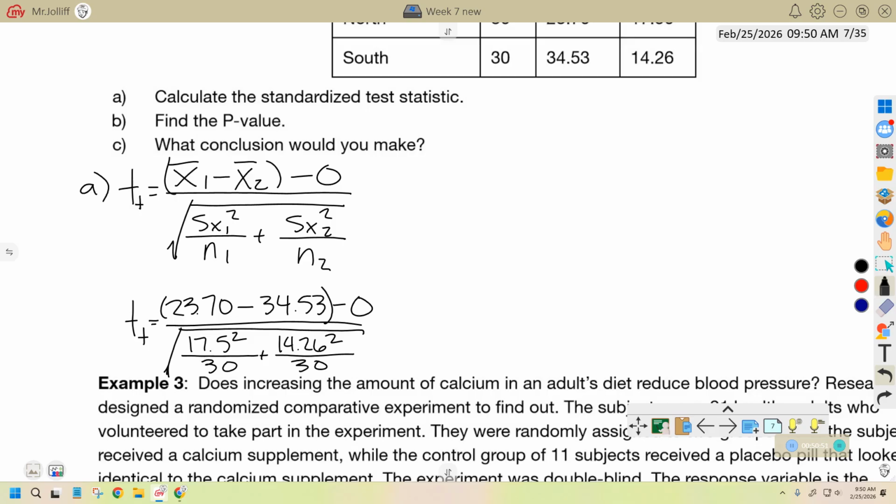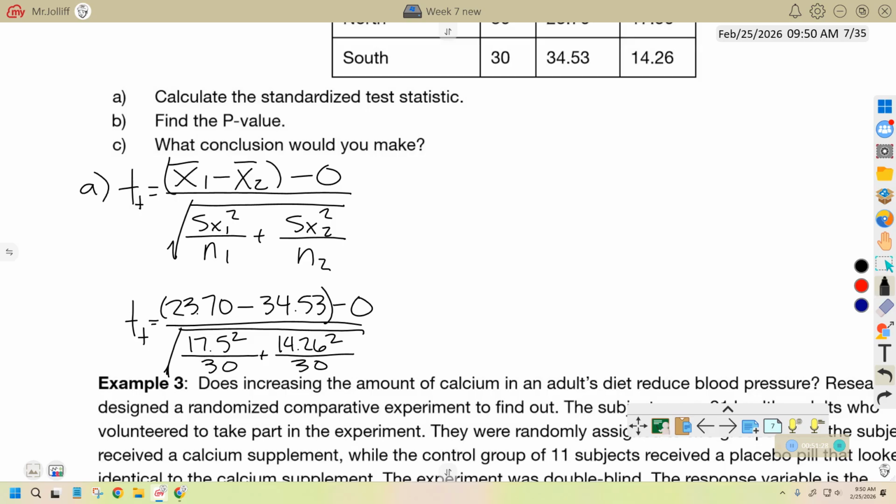You could, if you wanted, plug that in your calculator. We're going to run 2SampTTest, which is option 4, yes? We have stats. We are going to enter the stats. So 23.7, 17.5, 30, 34.53, 14.26, 30, and then our mu1 should be not equal to mu2.